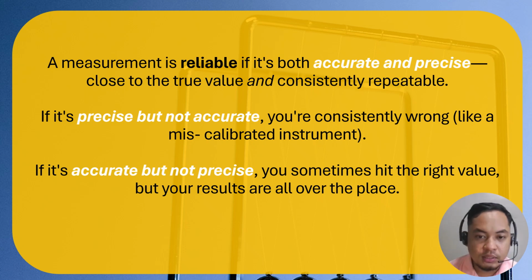If it's accurate but not precise, you sometimes hit the right value, but your results are all over the place. So it's not really that good because at some point you hit the right accepted value, but other than that, the values being generated or recorded are spread all over the place.